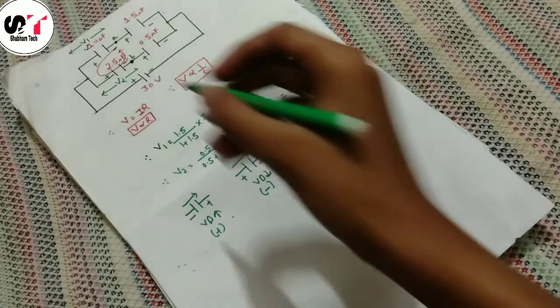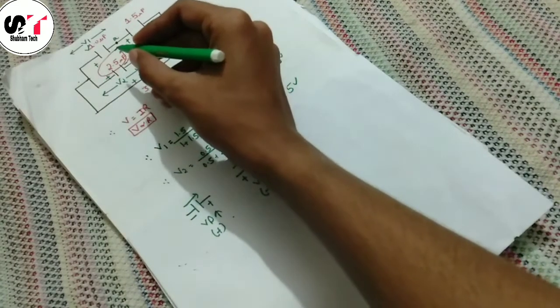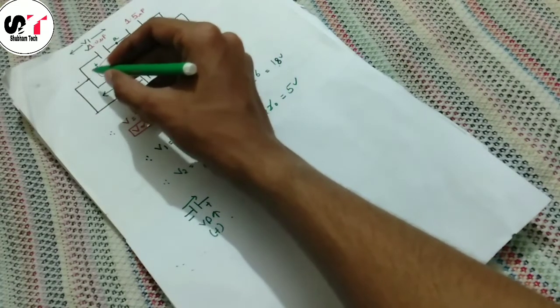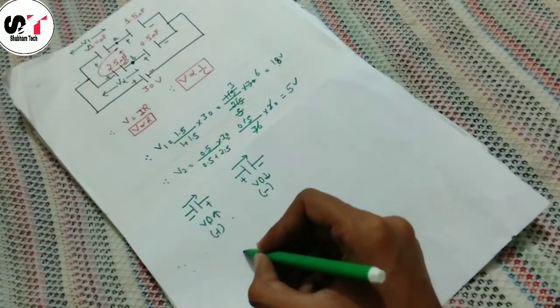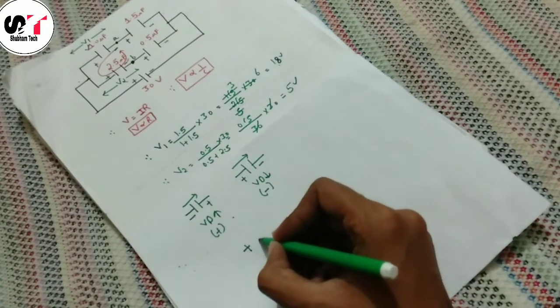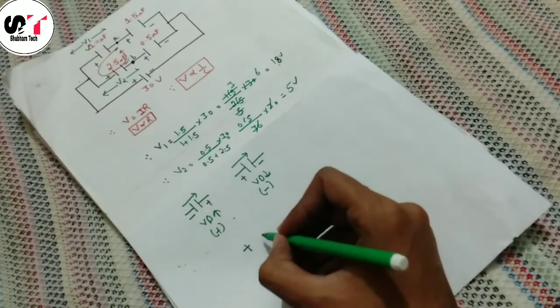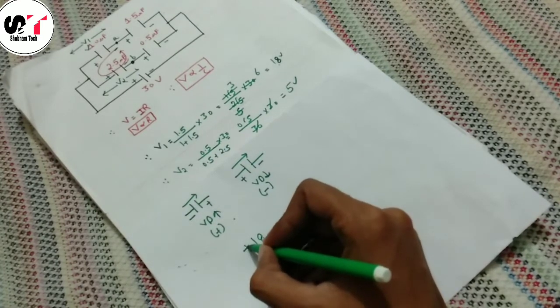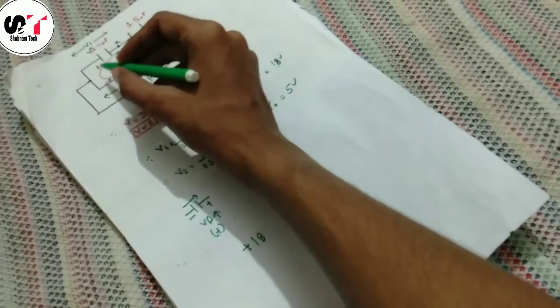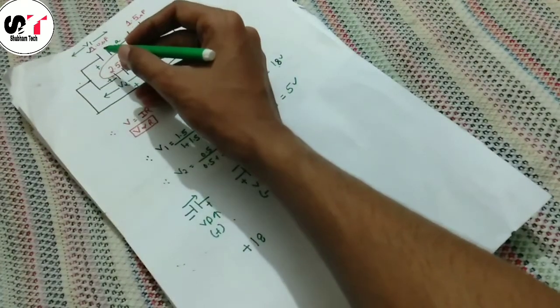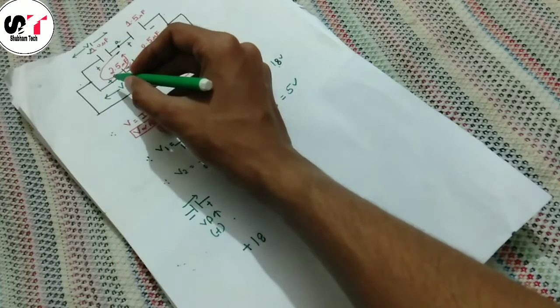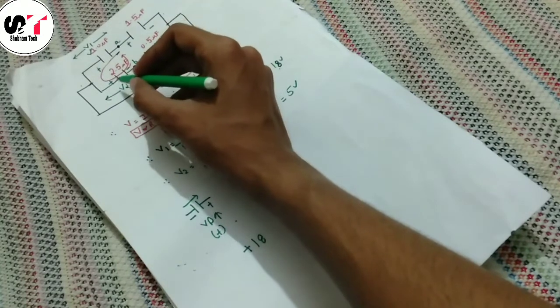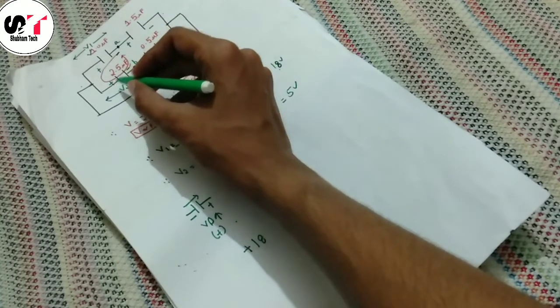now applying KVL in this loop. So if you move negative terminal to positive terminal, then take positive sign and voltage is 18 volt. Why am I taking positive sign? Because if you move negative to positive, means potential increases, but in case of 2.5 microfarad you move from positive terminal to negative terminal.